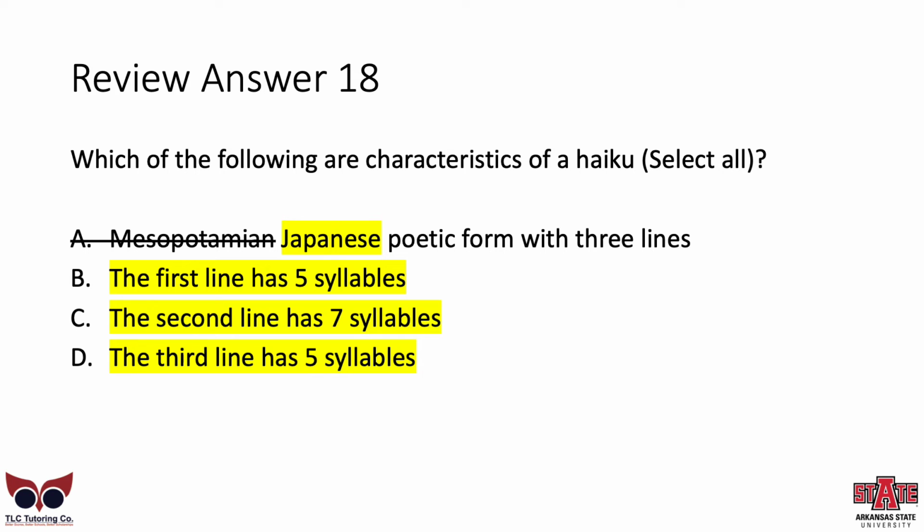The correct answer to the characteristics of a haiku lie in the numbers. The first line does have 5 syllables, the second line has 7, and the third line has 5. Note that instead of Mesopotamian, haikus are a Japanese poetic form consisting of 3 lines.